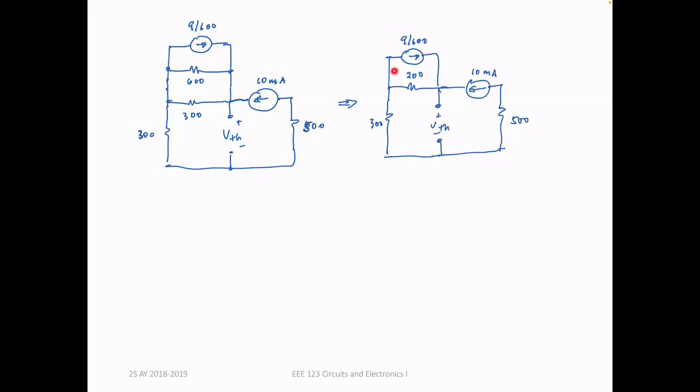This one I can convert back to a voltage source. What will be the voltage source equivalent of this? This is going to be 200, and then I have minus plus. This will be 9 times 200 over 600. So what's that? 9 times 1800 over 600. So this is going to be 3 volts.